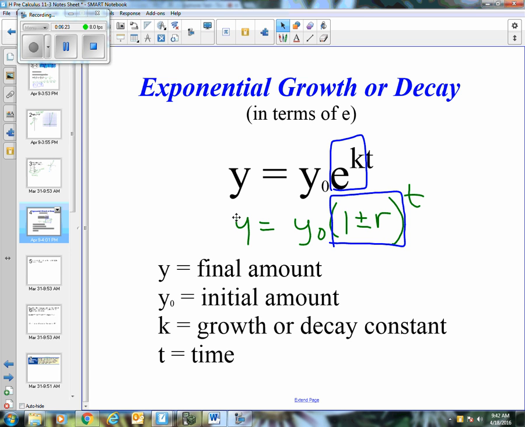So let's think about what kinds of numbers we have to do. In our old form, we'd either add the rate if it's growth or subtract the percentage if it was decay. Very similar here, but let's talk about what the k has to be to make that happen. So if you raise something to a power, if the power is positive, you're going to multiply by it. For example, if you do e to the second power, where it's a positive exponent, that means you're multiplying e times itself twice.